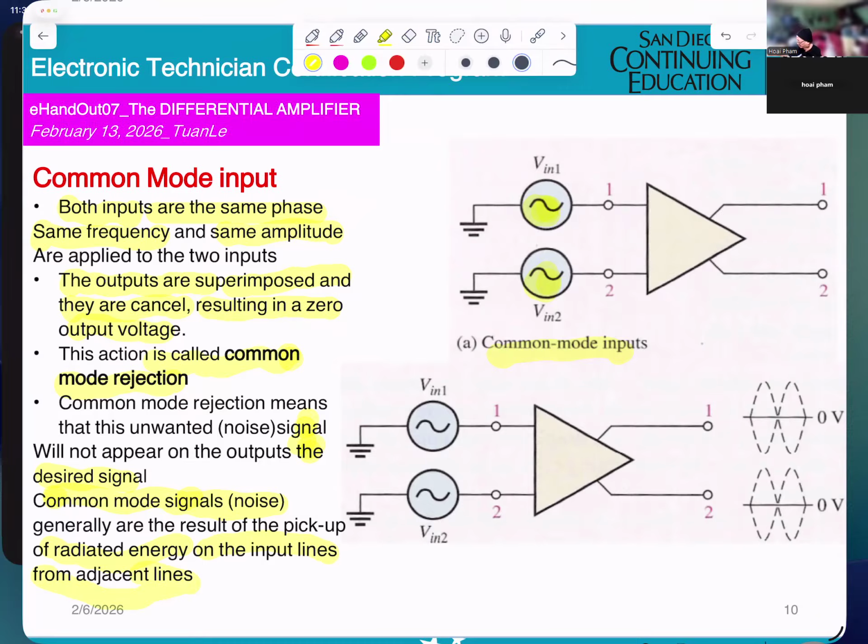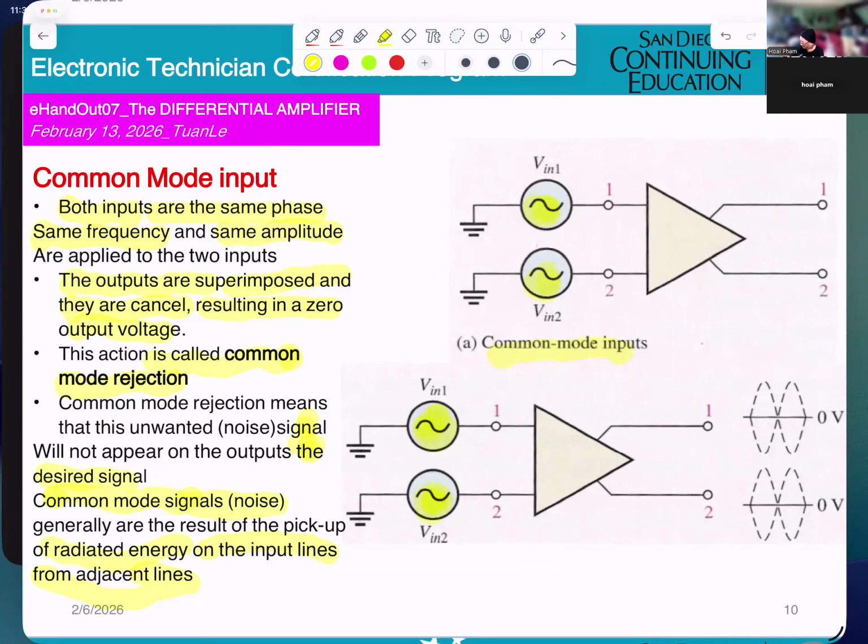So remember, if the input signals are the same phase and they cancel out at the output, they are considered to be the noise.